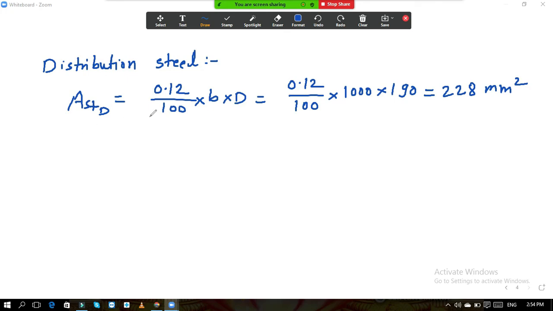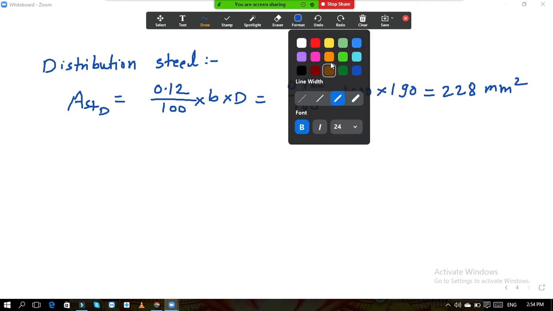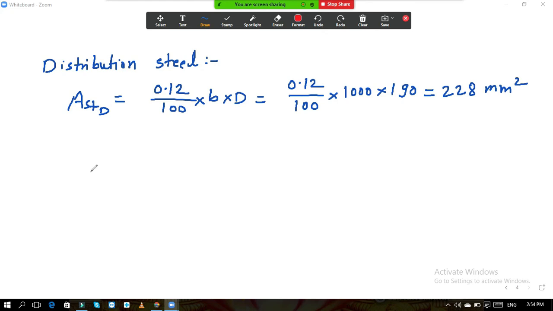Now provide 8 mm bar diameter. Assume 8 mm diameter bars.